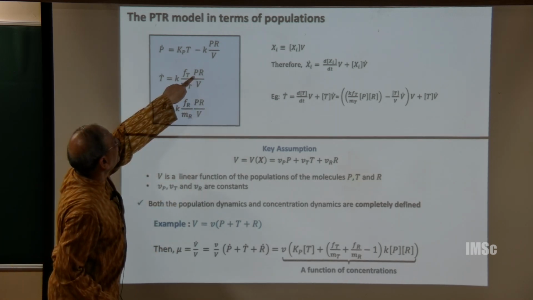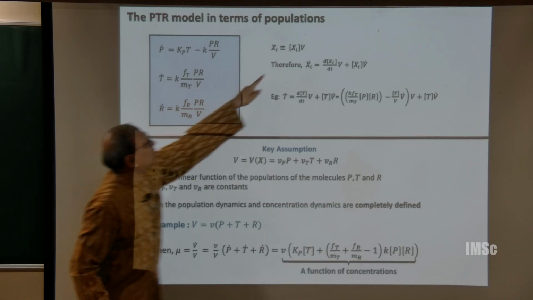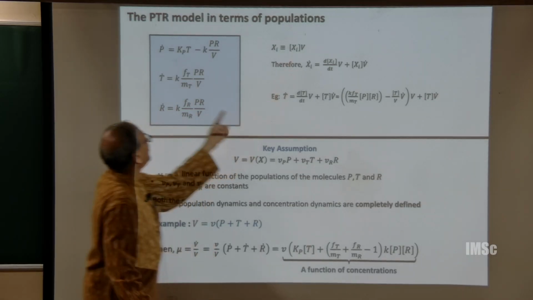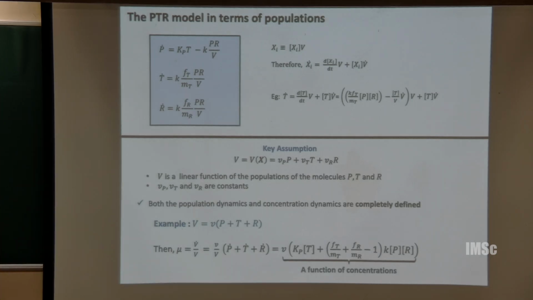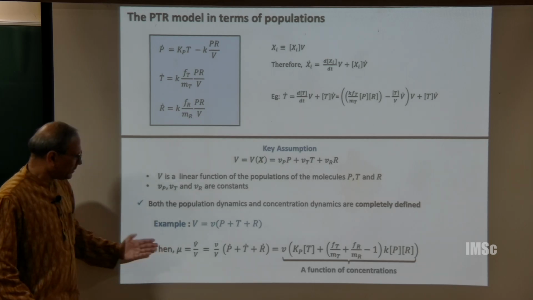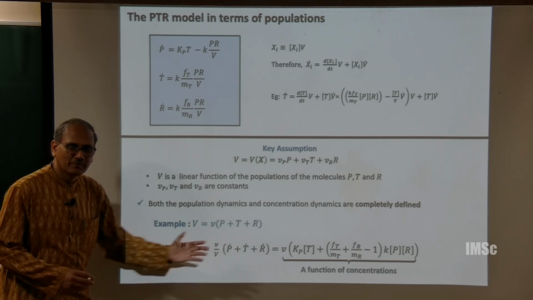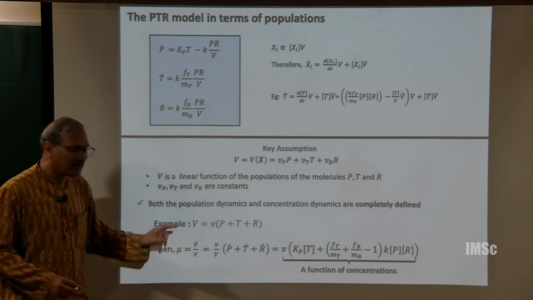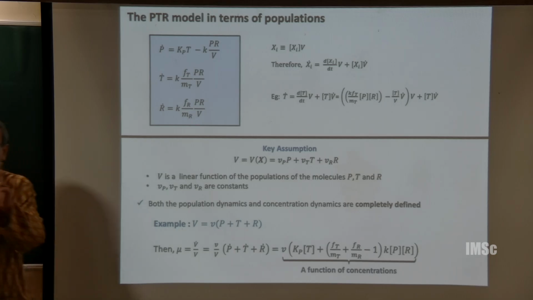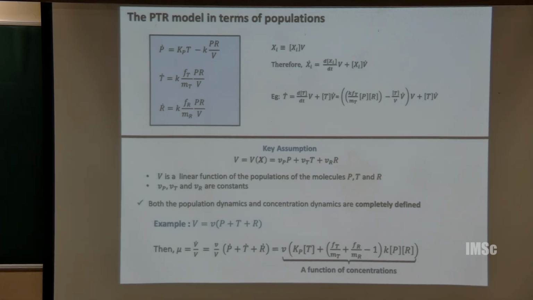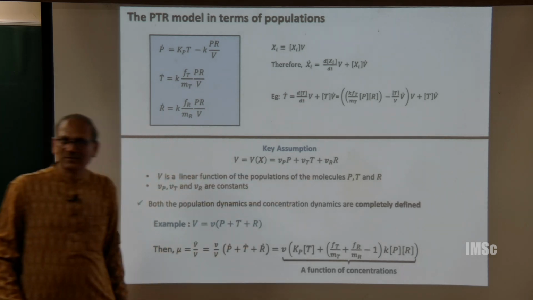And when you have P divided by V, that will become the concentration of P. And when you have R divided by V, it will become the concentration of R. So notice that the whole structure is such that the growth rate is not a function of populations. It's a function of the concentrations only. So that's what turns out as a consequence of this linearity assumption.